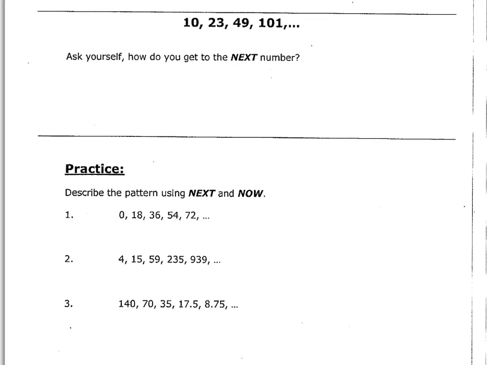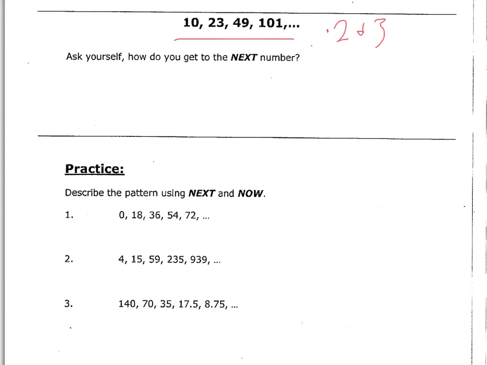You have seen some of these before. We're using some of the ones we did yesterday, but we're just using them for next and now. So let's look at our pattern for this one. We've got 10, 23, 49, 101. What is our pattern? Well, of course, it doesn't go up by the same amount every time, so we know it's probably going to be a combination problem. So we've got multiply by 2 and add 3 for our pattern.